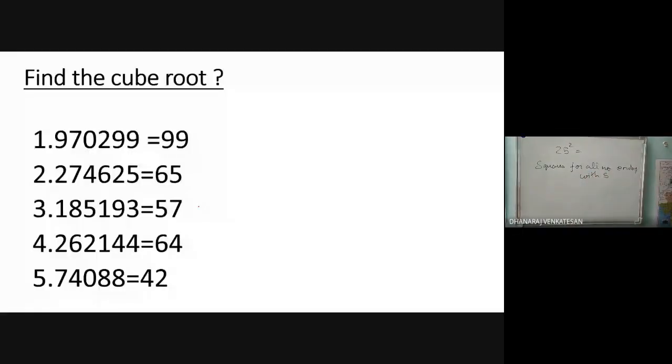Okay, this is a product rule you can use for all numbers ending with 5. If it is 25 square or 35 square or 275 square, like this, if the number is ending with 5, you have to use this trick. Okay, I'll teach how I will find the answer.